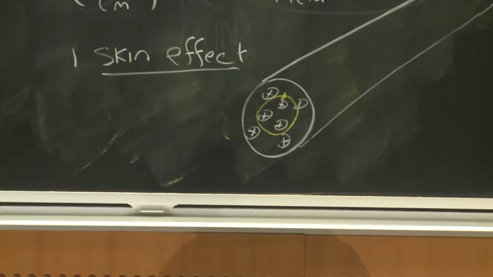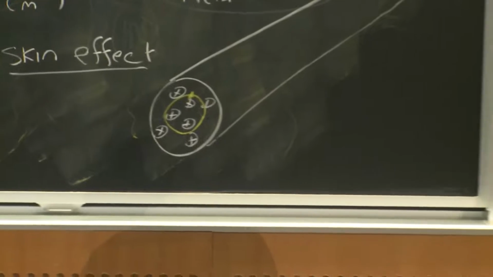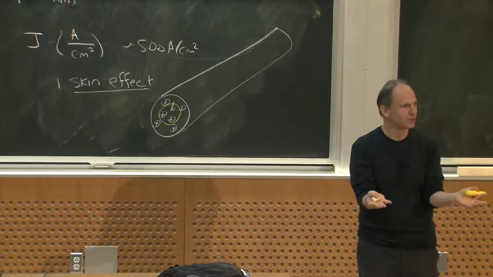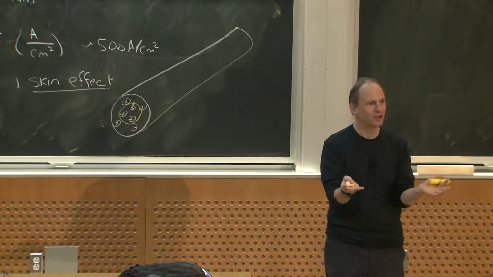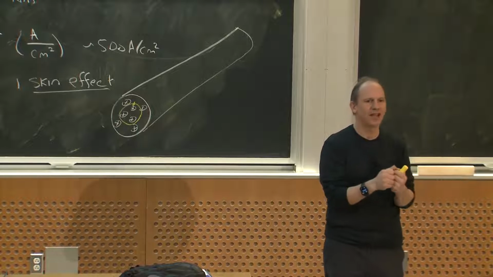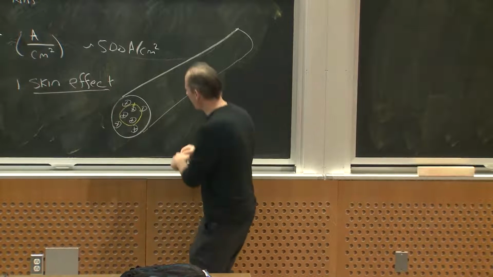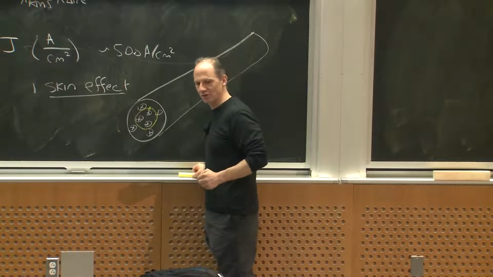But what do we know about something that generates a dB/dt, a change in magnetic flux density? By Faraday's law, that generates a voltage, and that voltage is going to cause eddy currents to circulate within the wire. They're going to try to reject the change in magnetic flux density in the wire.